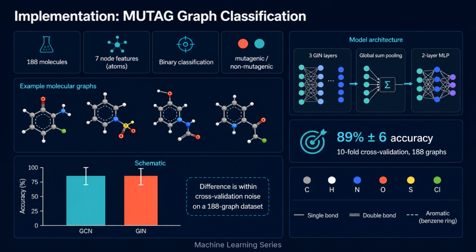Training with cross-entropy loss, and the Adam optimizer reaches roughly 89% accuracy under 10-fold cross-validation, though with only 188 graphs, the spread across folds is several percentage points. GIN usually edges out GCN here, though on a dataset this small the gap sits inside the fold-to-fold spread. The theoretical reason to expect an advantage is that sum aggregation preserves the multiset of neighboring atoms, which is what distinguishes the substructures relevant to mutagenicity.